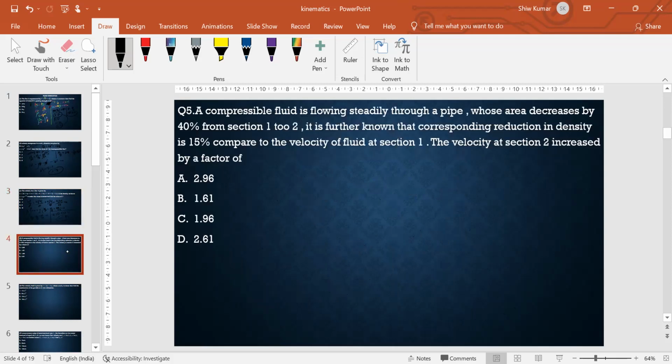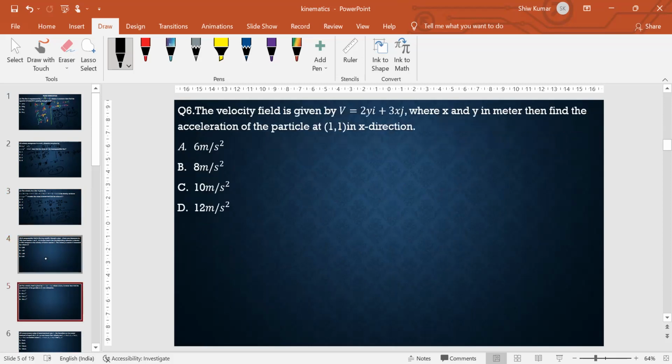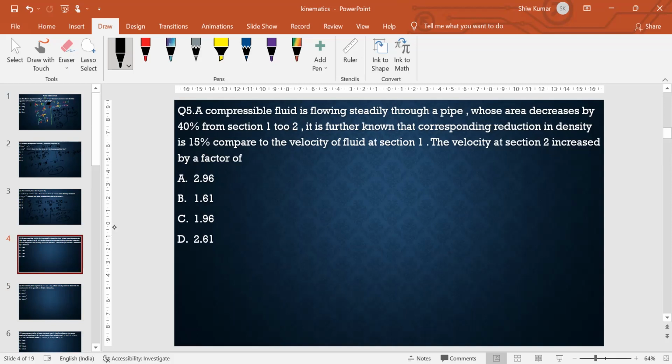We have a next question. Here we see: a compressible fluid is flowing steadily through a pipe, whose area is decreased by 40% from section 1 to 2.